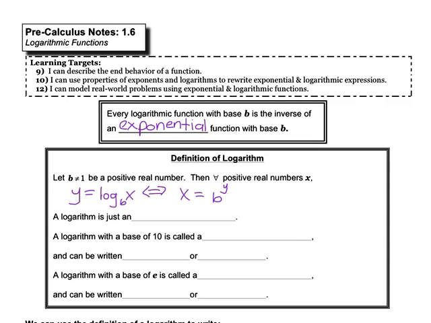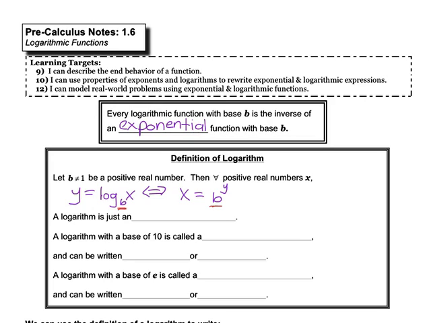So that's the formal definition, and I'm hoping this looks familiar to you, and it's super helpful if you just have this all memorized. So I want you to pay attention to where these letters are in each of these two equations, and that hopefully will help you remember it. The base of the log, if you rewrite it as an exponent, is the base of the exponent.